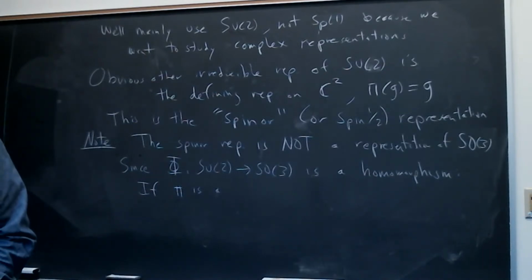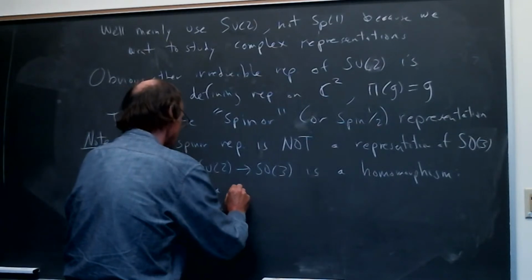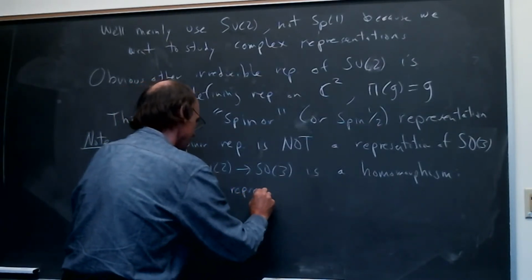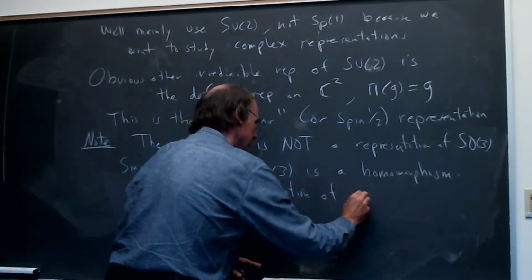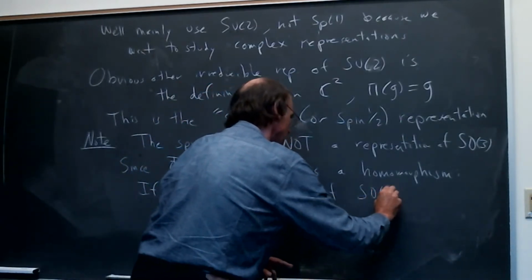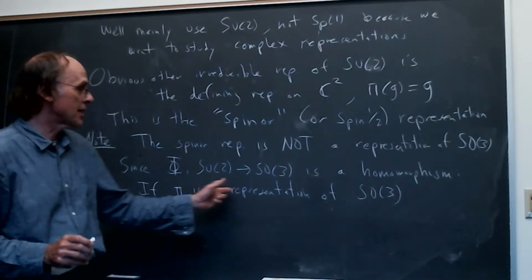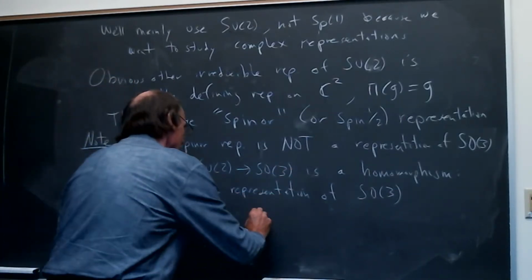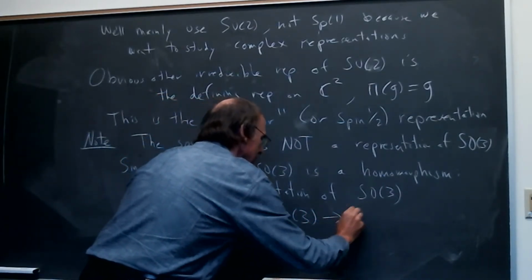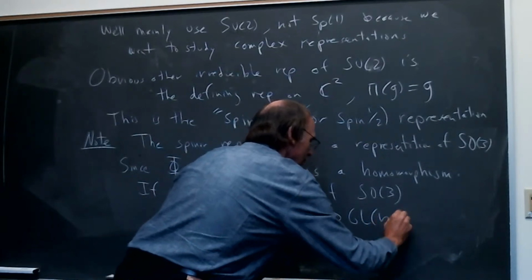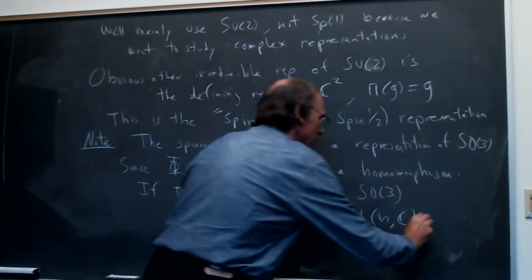So, okay, here we go. If pi is a representation of SO3, and from our abstract point of view, being a representation of SO3 means that pi, taking SO3 to invertible complex matrices of some dimension, is a homomorphism.